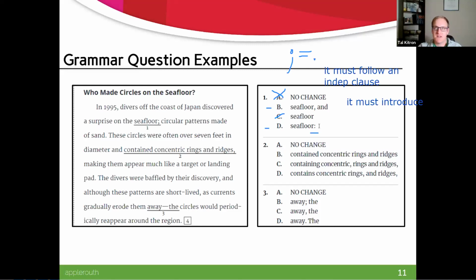So in this case, before the colon, we've got a full sentence. Divers discovered a surprise on the seafloor. What we want to do is treat this colon as a drum roll, please. They discovered a surprise on the seafloor. Drum roll, please. What was that surprise? Circular patterns made of sand. D is our answer.